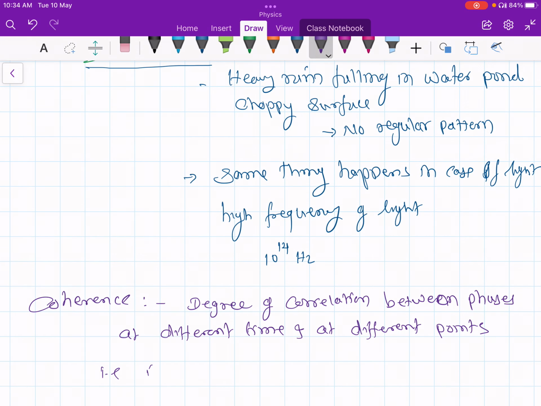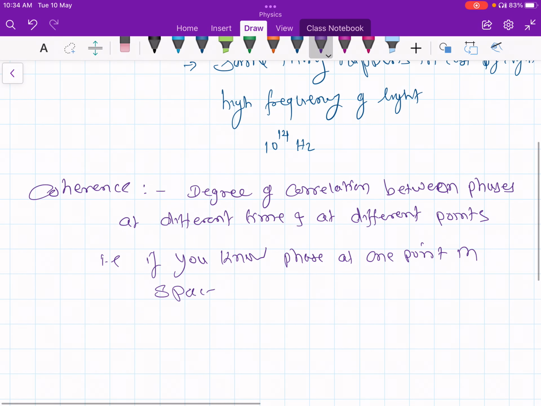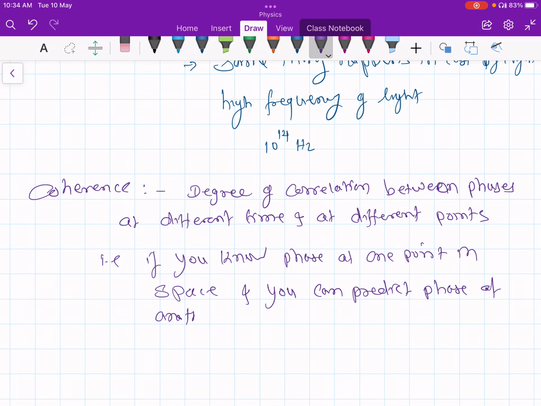if you know the phase at one point in space, you can predict the phase at another point, then you can say that there is coherence.